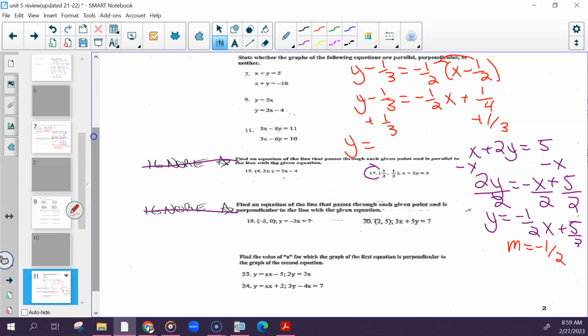What would that new equation be? That would be the y-intercept, so what would the whole thing be?